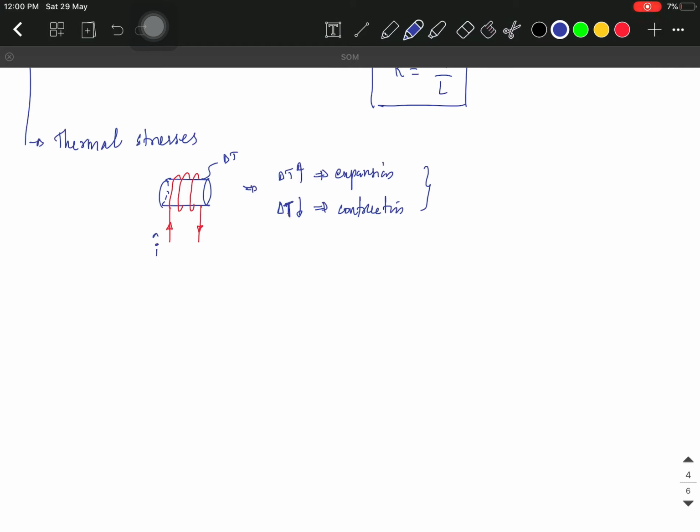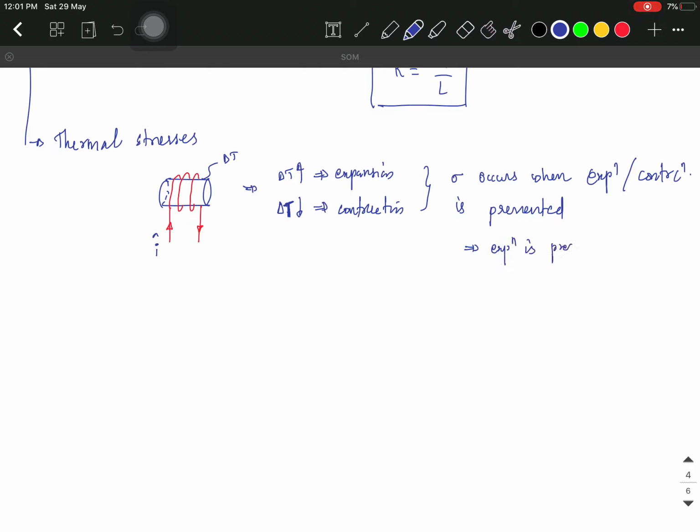Please note that the temperature change itself will not cause any stresses in the material. Stress is generated only when this expansion or contraction, caused by the increase or decrease in temperature, is prevented.